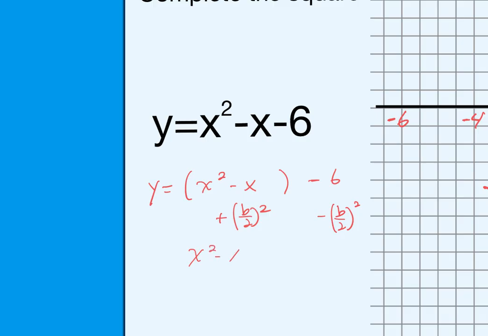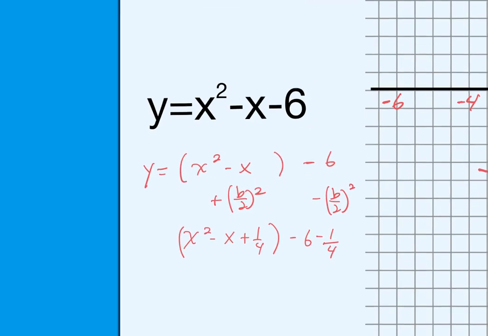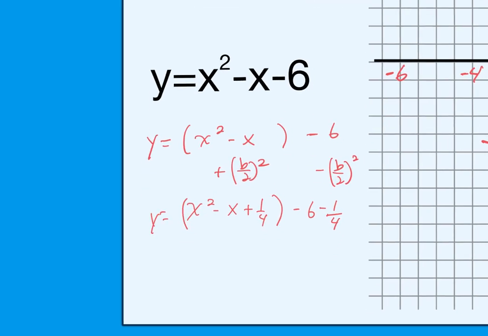That's going to be x squared minus x plus 1 over 4. Out here, we're going to subtract the same number, 6 minus 1 over 4. Now what we have is y equal to x minus 1/2 squared minus 25 over 4.